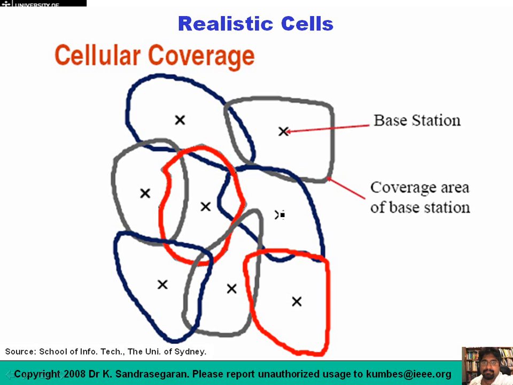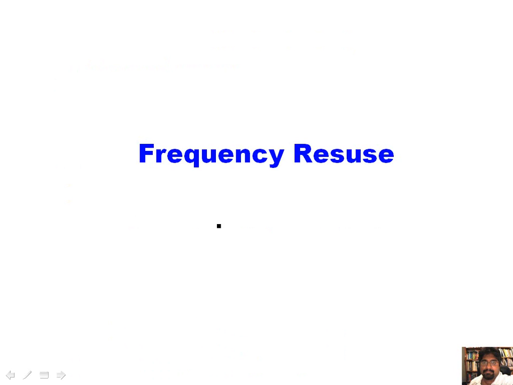So in reality, the coverage of base stations will be irregular shapes as shown in this diagram. But to do all of the calculations that we need to do, we use hexagons as a means of representing cells.